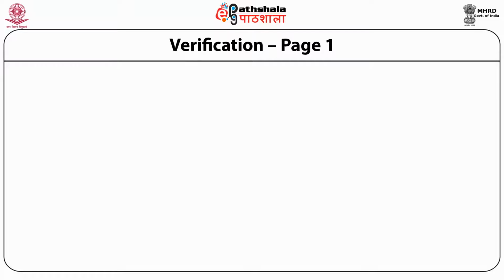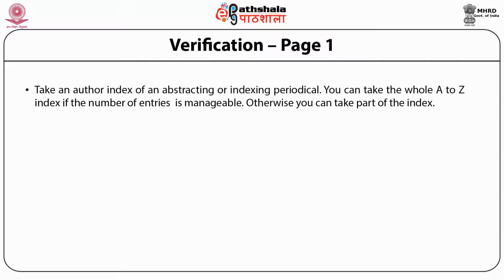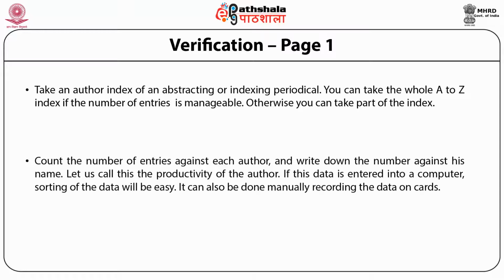It is the verification of Lotka's law, page 1. Step 1. Take an author index of an abstracting or indexing periodical. You can take the whole A to Z index if the number of entries is manageable. Otherwise, you can take part of the index. Step 2. Count the number of entries against each author and write down the number against his name.